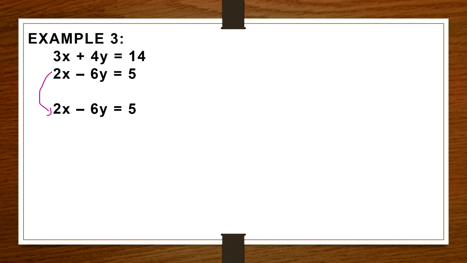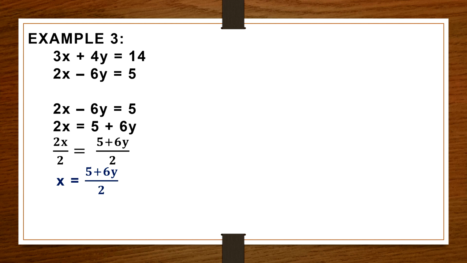We need to transpose negative 6y. It will become positive 6y. Then divide both sides by 2. 2x divided by 2 is x, and 5 divided by 2 is not divisible. So the expression for x is 5 plus 6y all over 2.